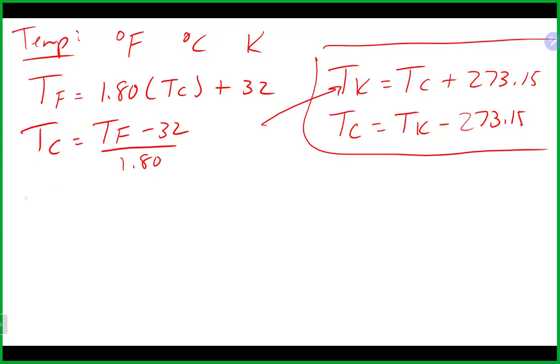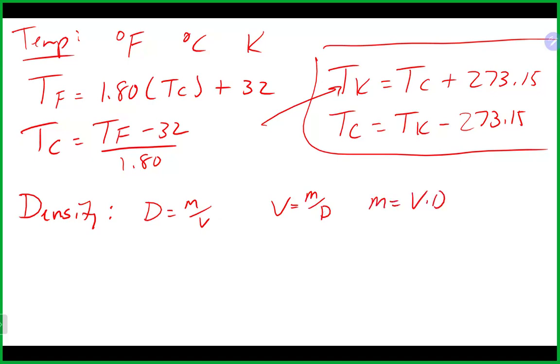I think we then finished up talking about density, and density in this chapter and in all chapters is D equals M over V. Remember that you can rearrange this and solve for any of those things. So V would be M divided by D, and the mass would be volume times the density. Typical units of density are grams per milliliter or grams per cubic centimeter. Also a reminder, 1 milliliter equals 1 cubic centimeter.